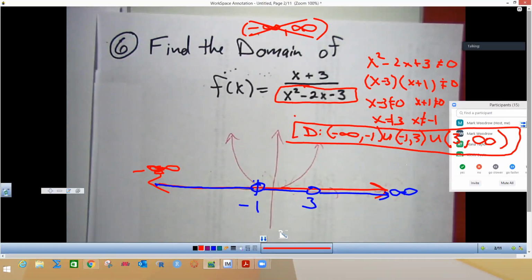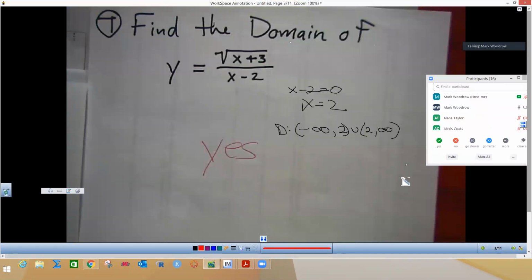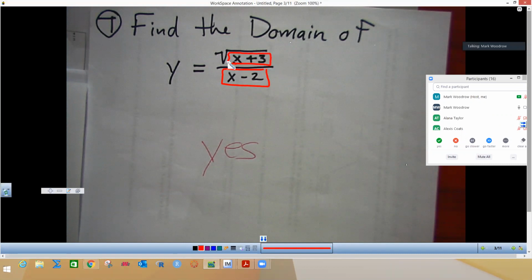Now the next problem I'm going to do is very similar to that one. So we're going to come over here and do number 7. Very similar problem, because there is a variable down here. Also on this one, you have a radical.